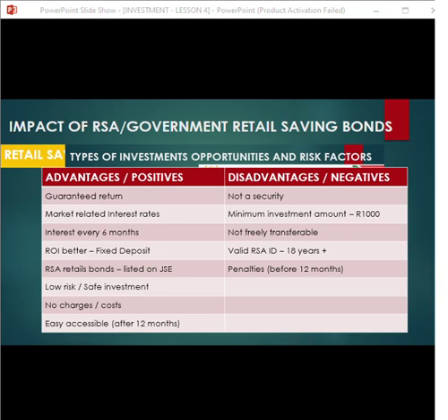It's a relatively low risk, safe investment, as you invest your money with the South African government, and they cannot be liquidated. There are no charges, no costs, no commissions payable on this type of investment, so therefore your return is much higher.